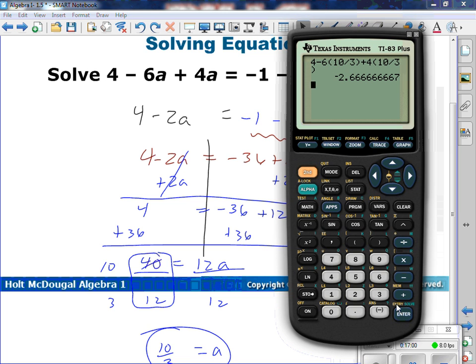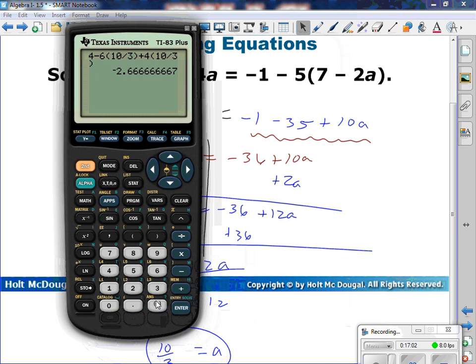That's that answer. On the other side, negative 1 minus 5 times 7 minus 2 times 10/3. Did I get the same answer? Since I got the same answer on both sides, I know I'm correct. If your answers do not match up, you either made a mistake in the answer or made a mistake typing it in the calculator and checking your work.